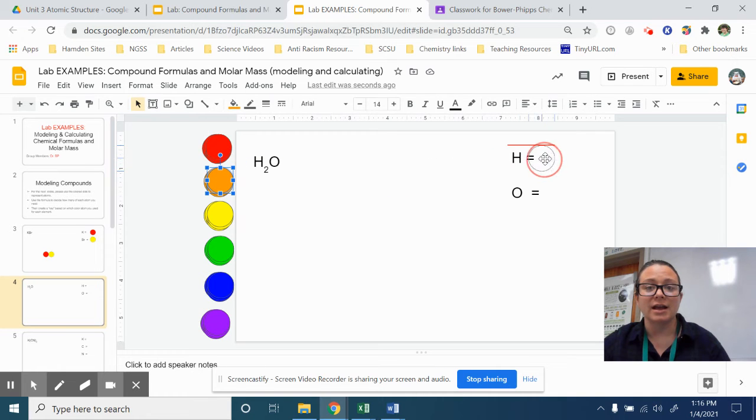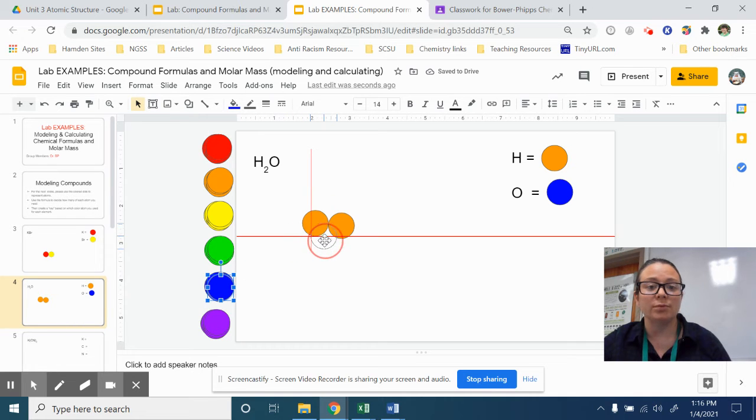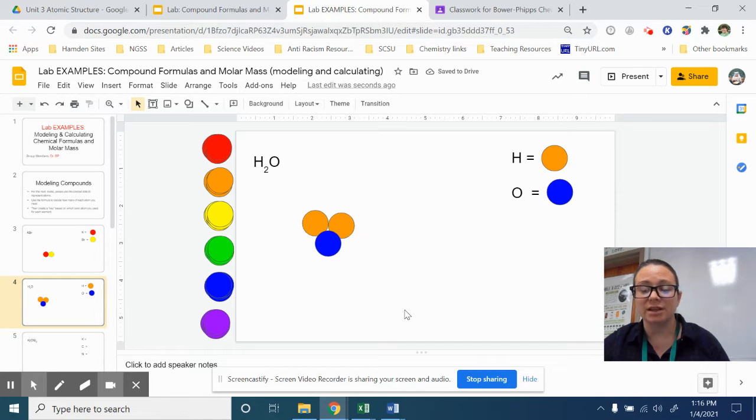H2O. This time I'm going to have H represented as orange. I'm going to have blue represented as the oxygens. The 2 next to the H tells us there are 2 hydrogens. So I need 2 hydrogens there. And blue, there's 1 oxygen. So I have 1 blue oxygen there. It doesn't matter to me how you connect them, but they need to be connected.